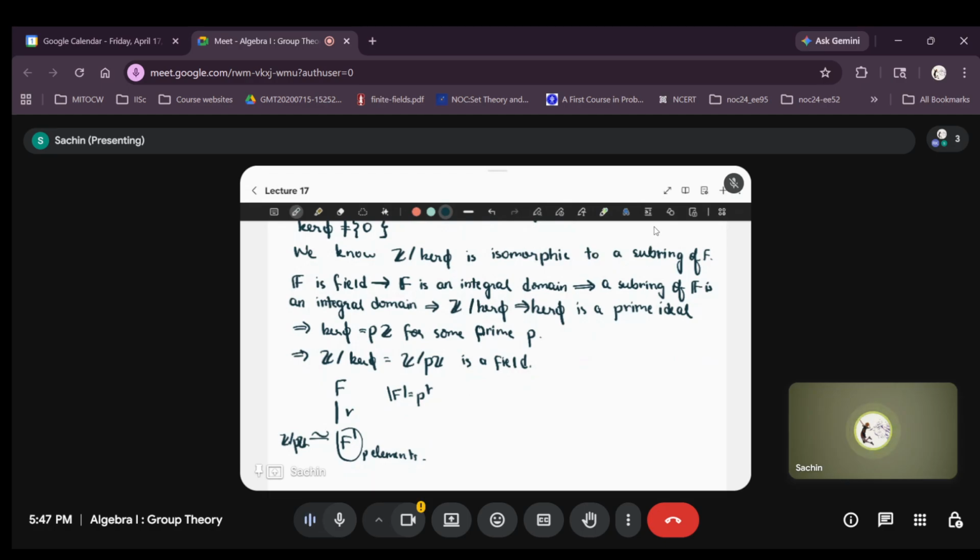I also have not shown you that if kernel phi is a prime ideal of Z, then it must be of the form pZ for a prime number. And lastly, I have not explained what is the degree of field extension and why, if F prime has p elements and F is an extension field of degree r, F has p power r elements. I have not explained any of these notions. I'll explain all these notions later.